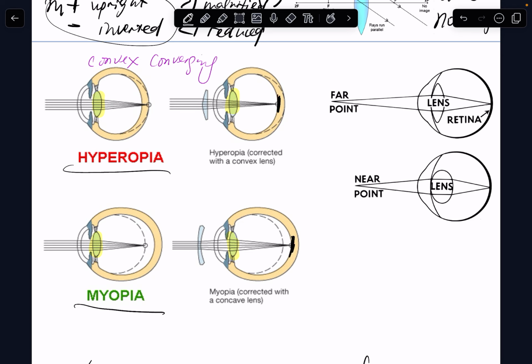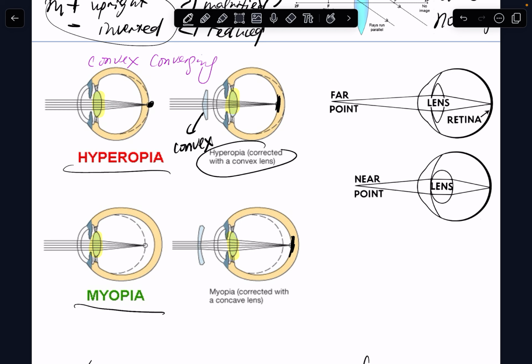But as you can see, in hyperopia, it converges here, behind where the retina is, okay? So in this case, we need a convex lens. This is a convex lens to correct it, so that after you put another extra convex lens on top of your lens, the incident rays can converge at the right spot on the retina, okay?